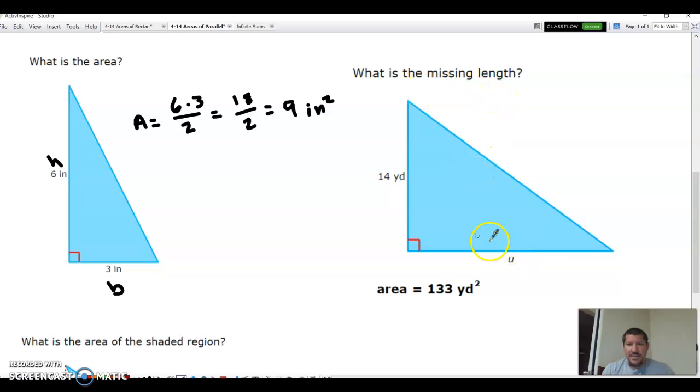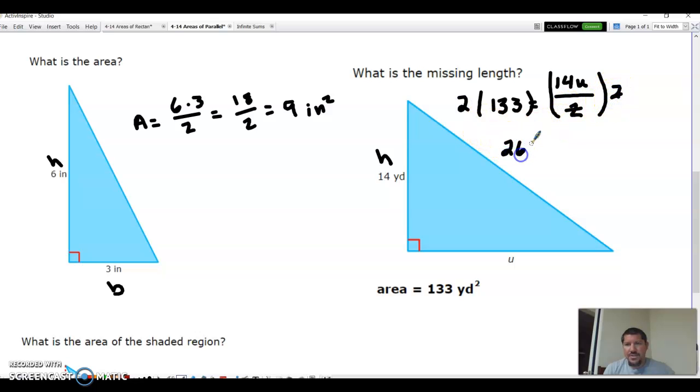What is the missing length? So I have my height, I'm trying to find my base, given that the area is 133. So this is going to be 133 equals 14u over 2. Multiply both sides by 2 to start. That cancels that and that.